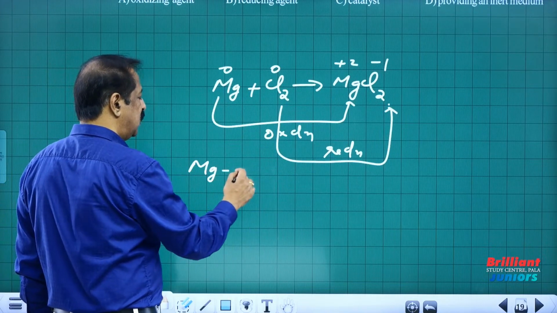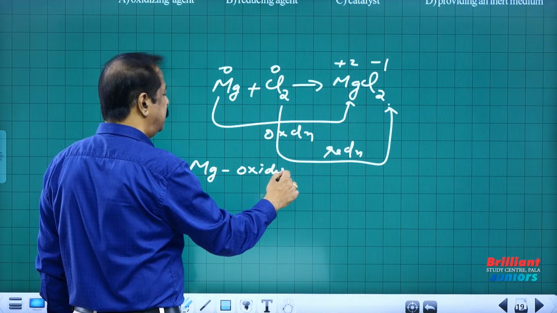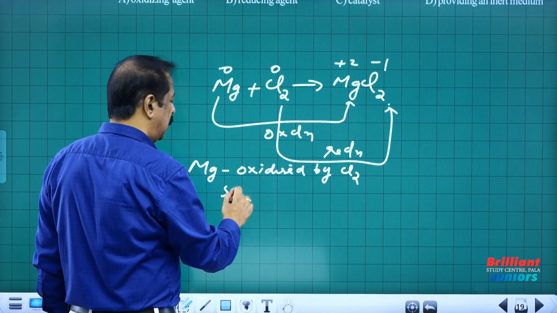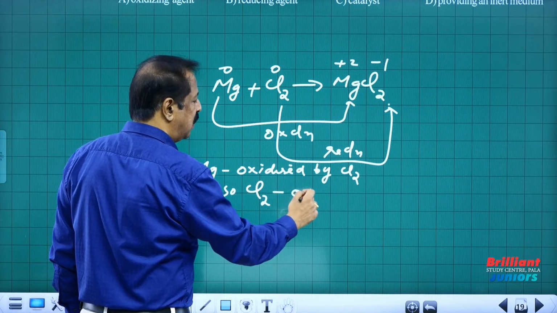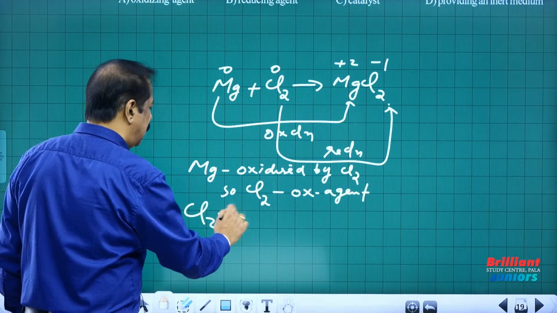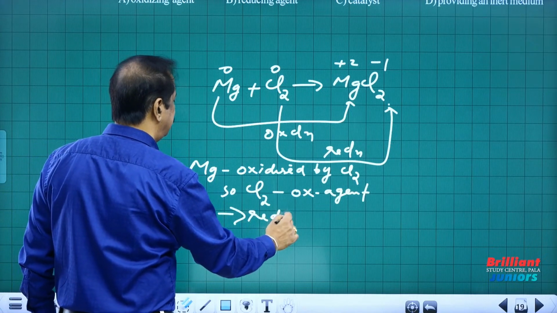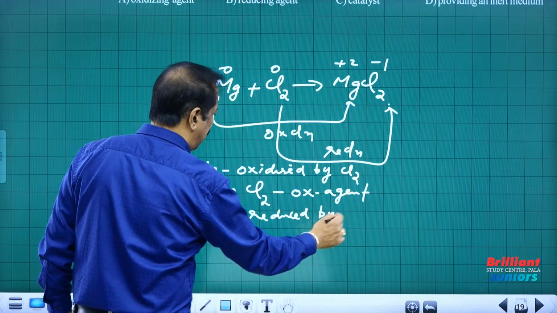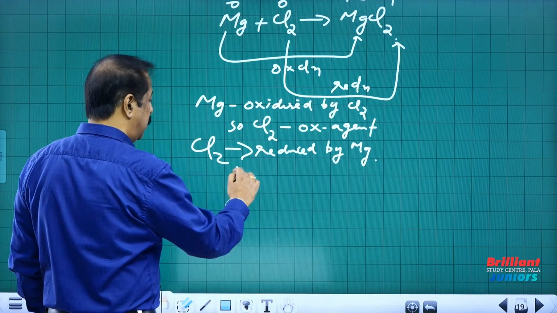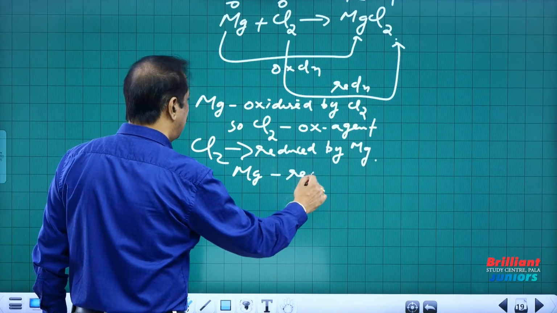Magnesium is oxidized by chlorine, so chlorine is the oxidizing agent, and chlorine is reduced by magnesium, so magnesium is a reducing agent.